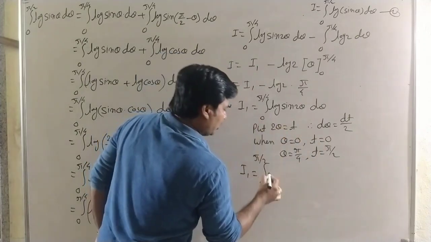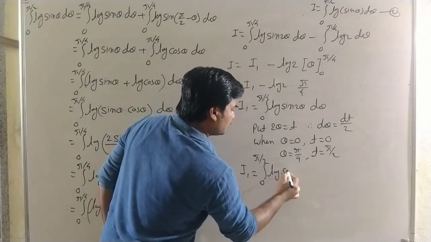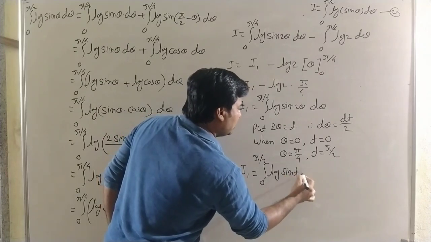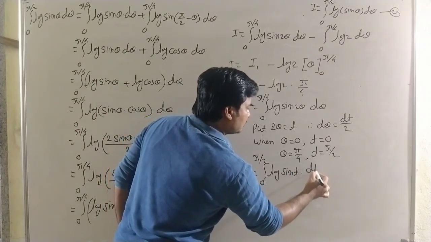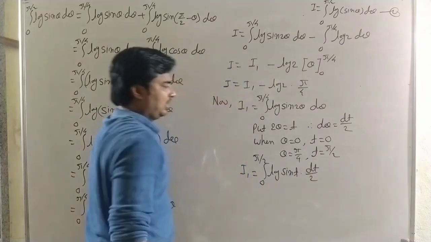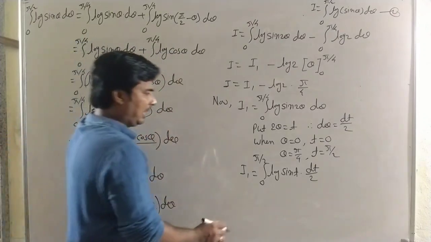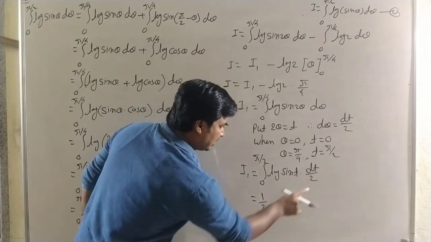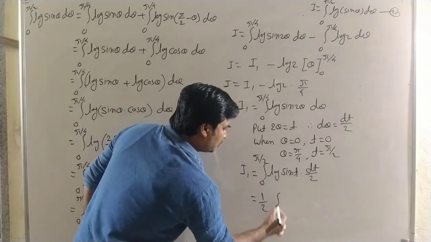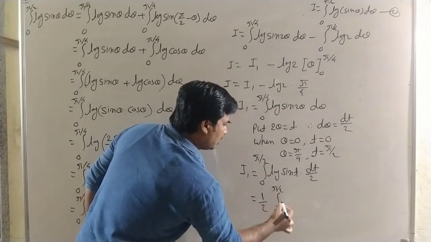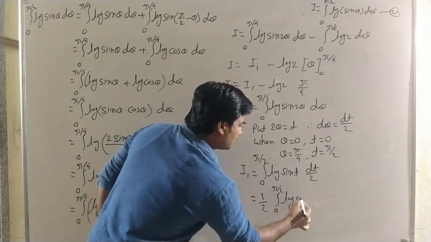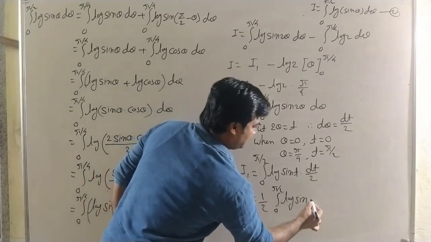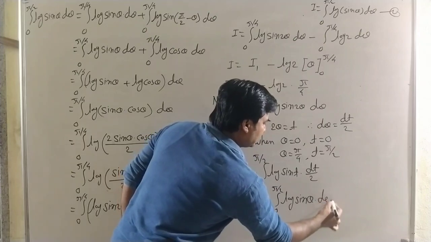And here log of sine t into dt by 2. See carefully, now 1 by 2 we can write outside the integral, this is 1 by 2 integral 0 to pi by 2 log of sine theta d theta.